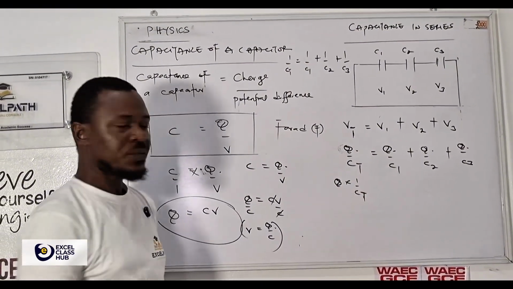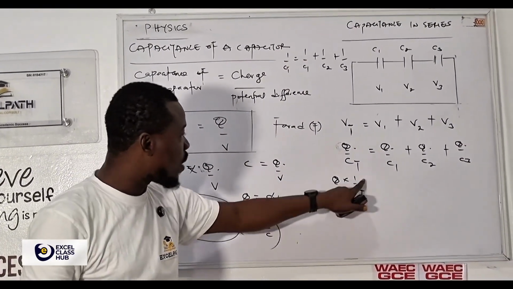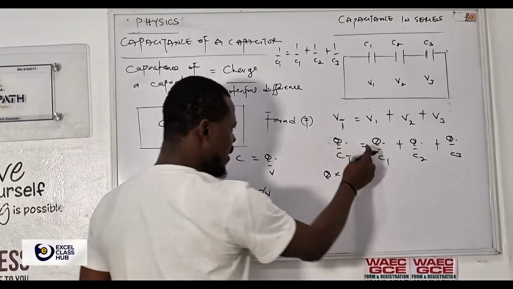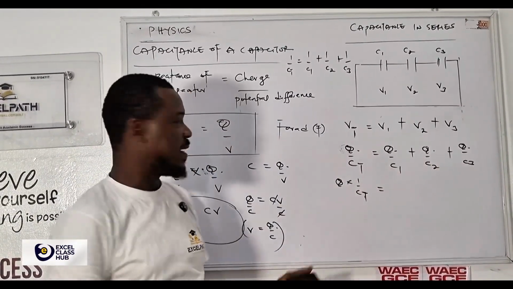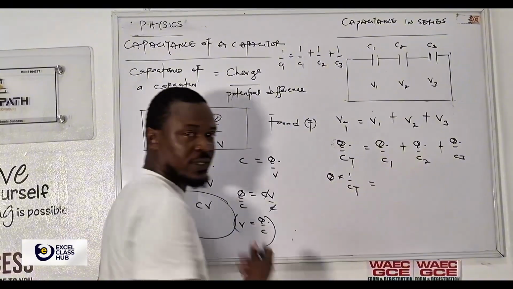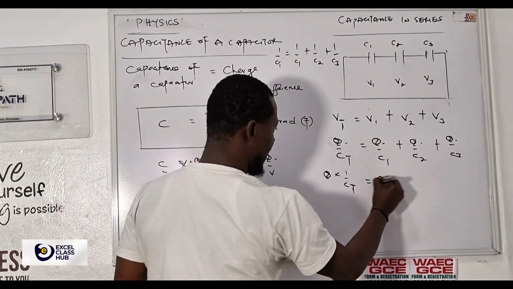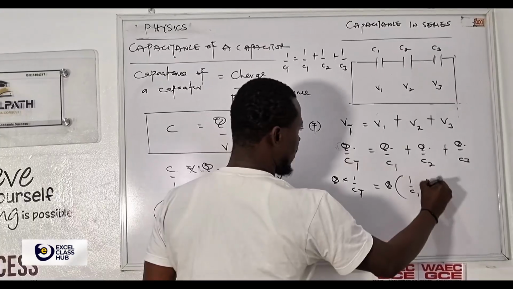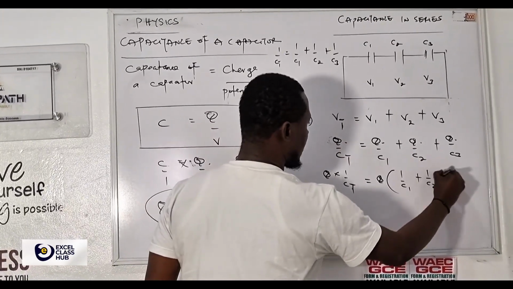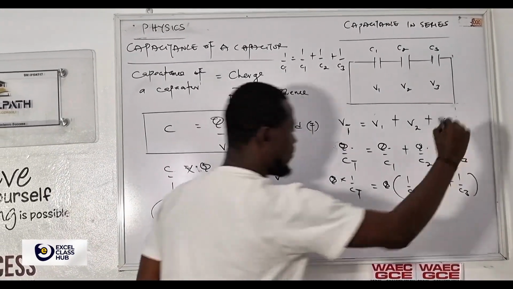That should be Q times 1, because Q times 1 gives you Q. And you have equals to, what is common to both sides here? Q is common to both sides. You bring the Q outside and you put it in a bracket. You have 1 over C1 plus 1 over C2 plus 1 over C3.